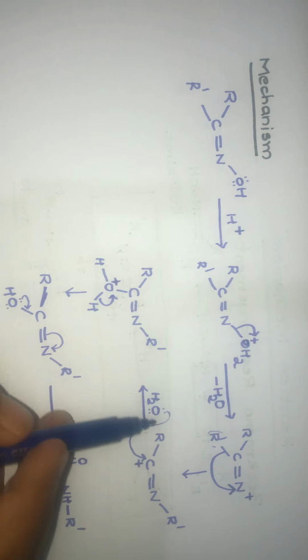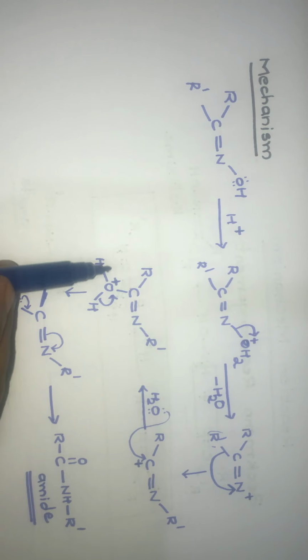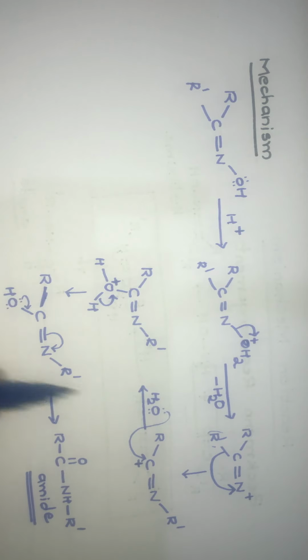Since water is present, that attacks here to form this compound. Then loss of H plus takes place, resulting in the formation of this compound. Then again the electron on oxygen moves here to form a double bond. The double bond moves here to create a negative charge. This negative charge takes up this proton to form NHR dash. So an amide is formed here.